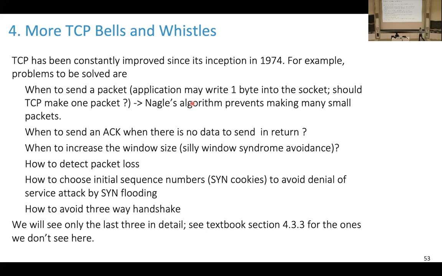And so the idea here is to be more cautious, to wait before sending the second packet. Of course, if you receive an acknowledgement before, it means that the network is very fast, so there is no problem. So you can continue to work with 1 byte packets. But the idea here is to prevent many small packets. So this is the Nagle algorithm.